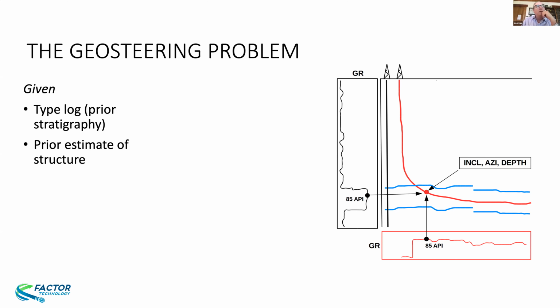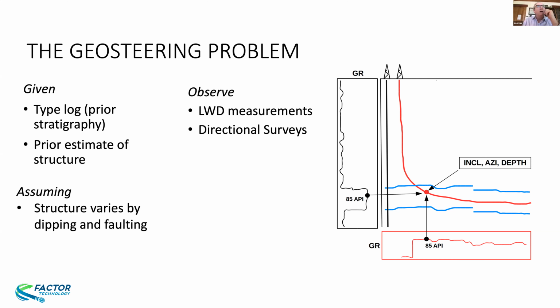If you're given a type log, and some prior idea of the geologic structure, and you assume that the structure is going to vary laterally mostly by dipping or faulting, and we observe the LWD gamma ray typically and directional surveys, we use all that to compute the estimate of the true geologic structure.